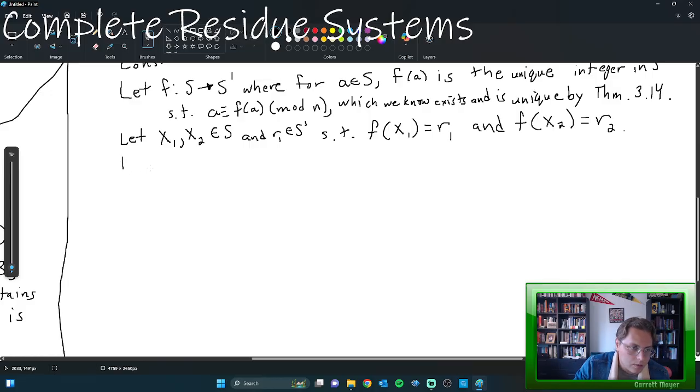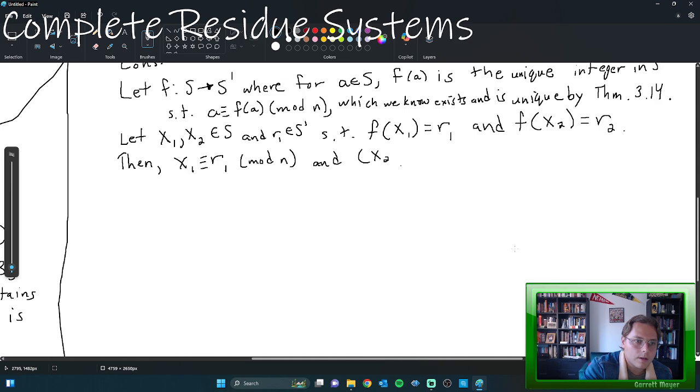So then x1 is congruent to R1 mod n, and x2 is congruent to R1 mod n.